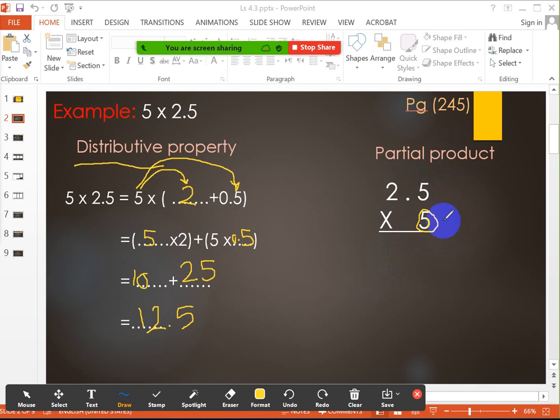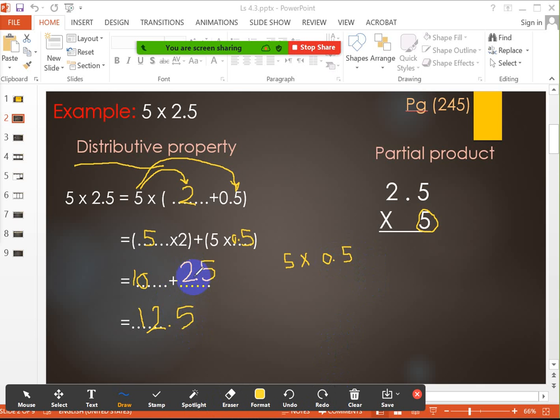This is a whole number and this is a tenths number. That means in the first step, girls, I will multiply 5 with what? With here 0.5. Okay, because this is 5/10. Okay, girls?